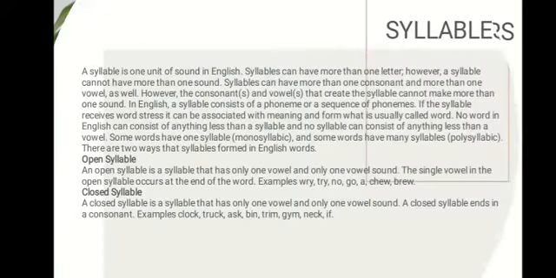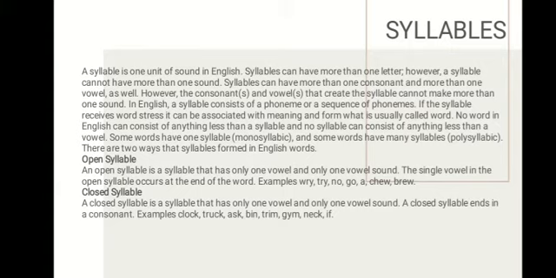Syllables. A syllable is one unit of sound in English. Syllables can have more than one letter. However, a syllable cannot have more than one sound. Syllables can have more than one consonant and more than one vowel, but the consonant and vowel that create the syllable cannot make more than one sound.